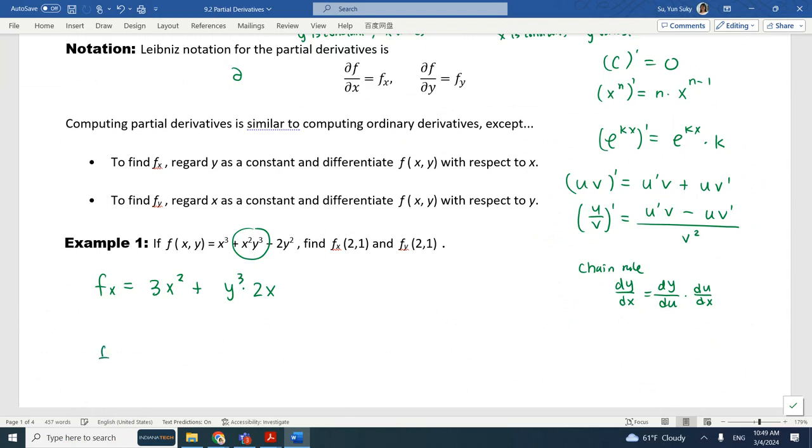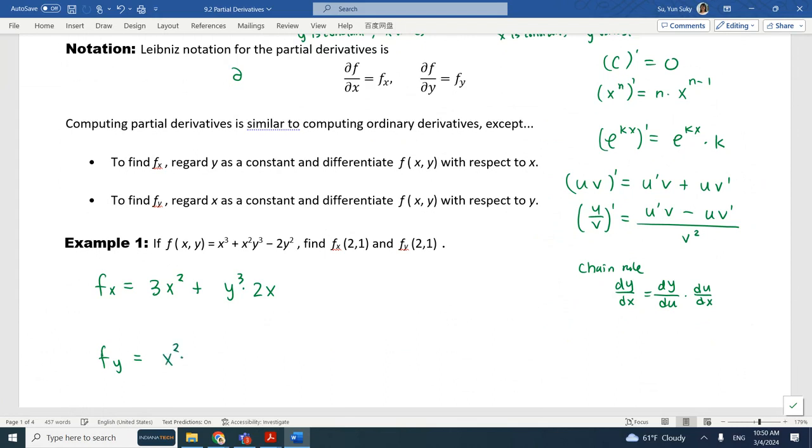So this is the partial derivative with respect to x. Now you tell me what is the partial derivative with respect to y. Now x is a constant. What's the derivative of x cubed? 0, because it's a constant. And here, do you see x squared is a number? It stays here.